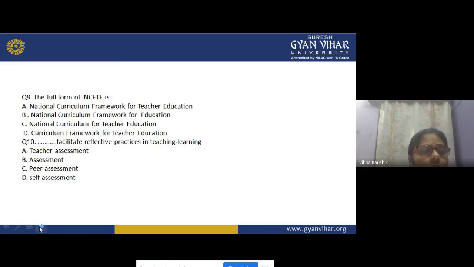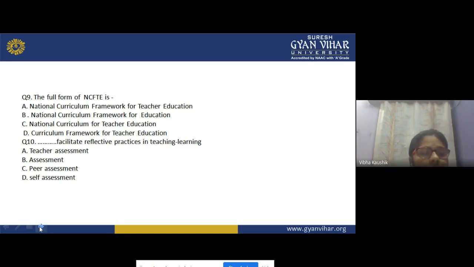Now, the next question: the full form of NCFTE is A, National Curriculum Framework for Teacher Education; B, National Curriculum Framework for Education; C, National Curriculum for Teacher Education; D, Curriculum Framework for Teacher Education. Now, the correct option is National Curriculum Framework for Teacher Education.